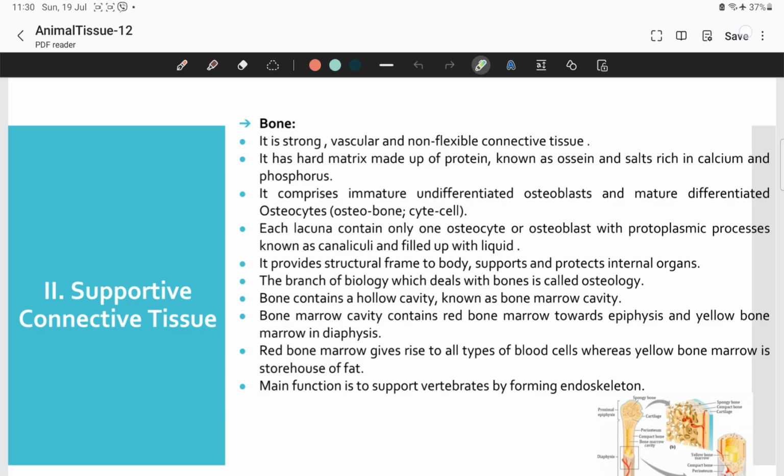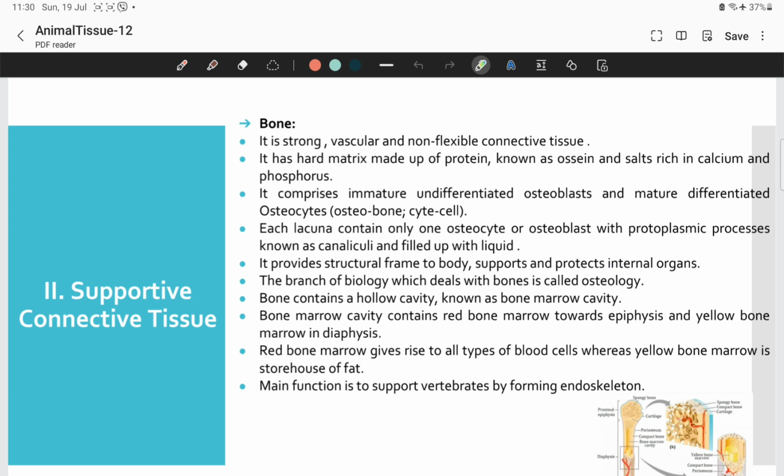It provides a structural frame to the body because it is a non-flexible and hard structure. So that's why it provides a structural frame to our body, as well as protects internal organs.